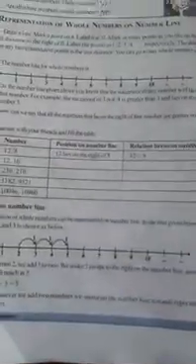Based on this concept, there is a table given that we need to complete. One is done for you. Now 16 and 12. When compared to 16, 12 is the smaller number.